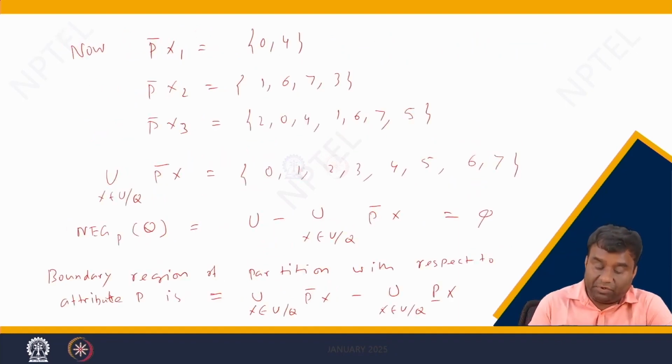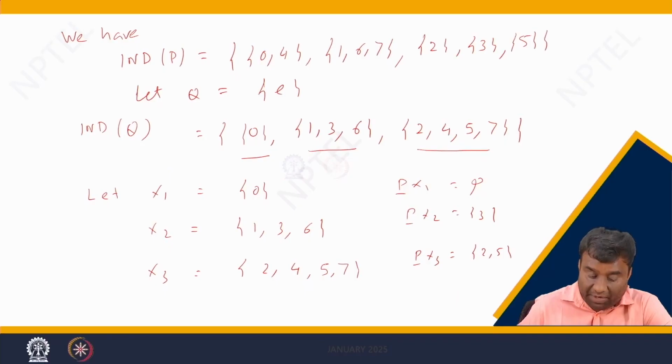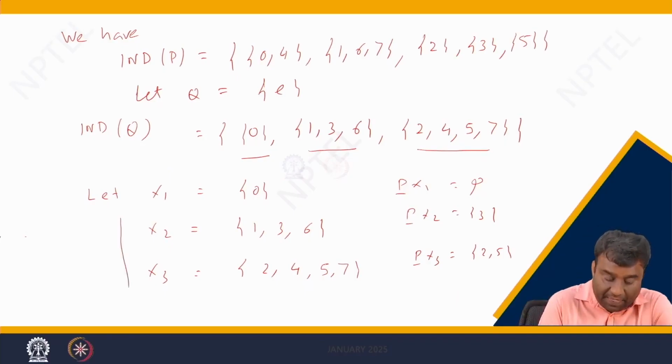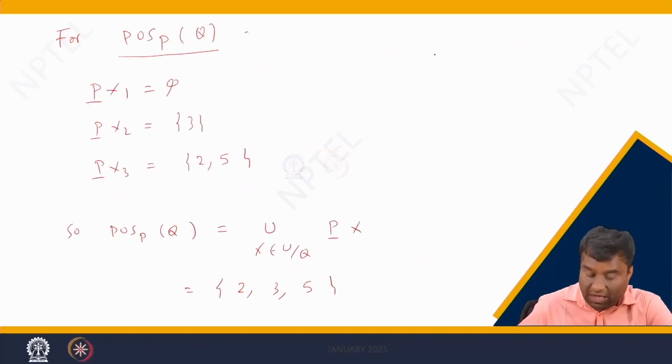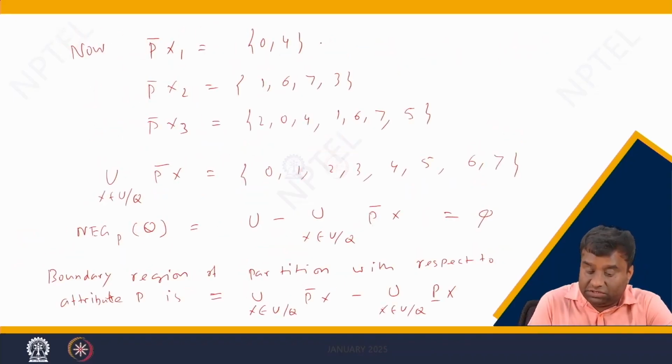Similarly, for the upper approximations, that is x1. So x1 is 0, 4. Just check it here for upper approximations. For the P upper approximation of x1, 0 is in it, I mean, this is the target set and the intersection is not null, so here we'll get 0, 4. Then the upper approximations are 0, 4, then 1, 6, 7, 3, then 2, 0, 4, 1, 6, 7, 5.